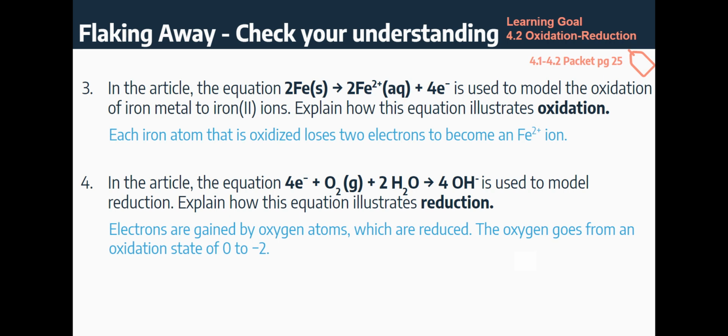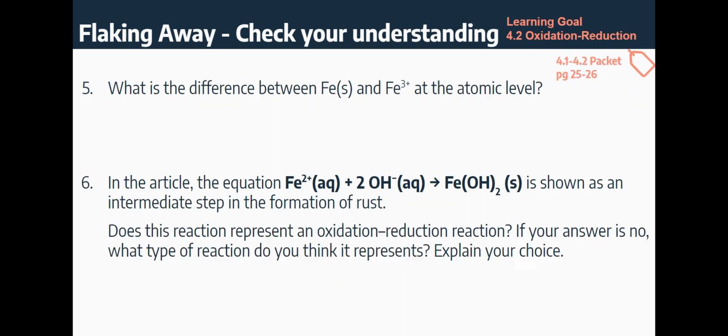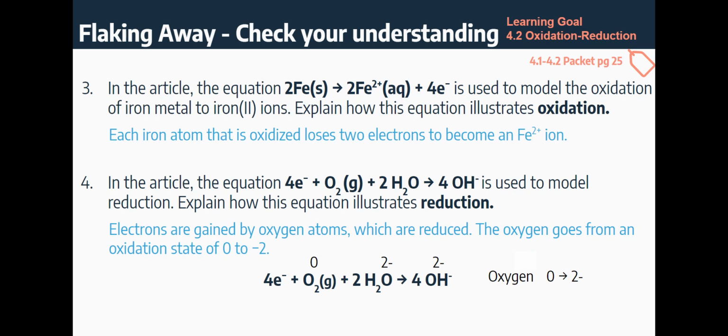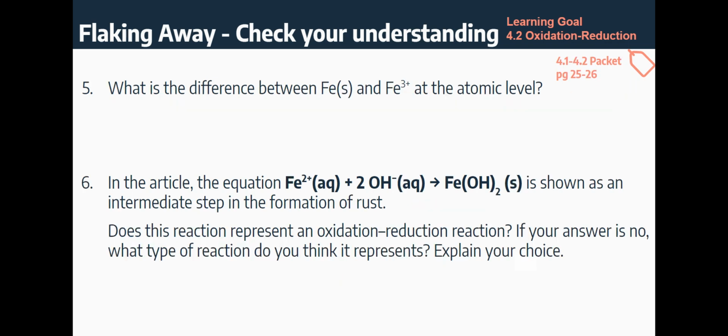And then on the product side, in OH minus, hydrogen's a 1 plus, oxygen's a 2 minus. And so we see the oxygen in O2 was an oxidation number of 0, but on the product side, it's an oxidation number of 2 minus. So that tells us that those oxygen atoms gained 2 electrons. Again, fitting our definition for reduction.